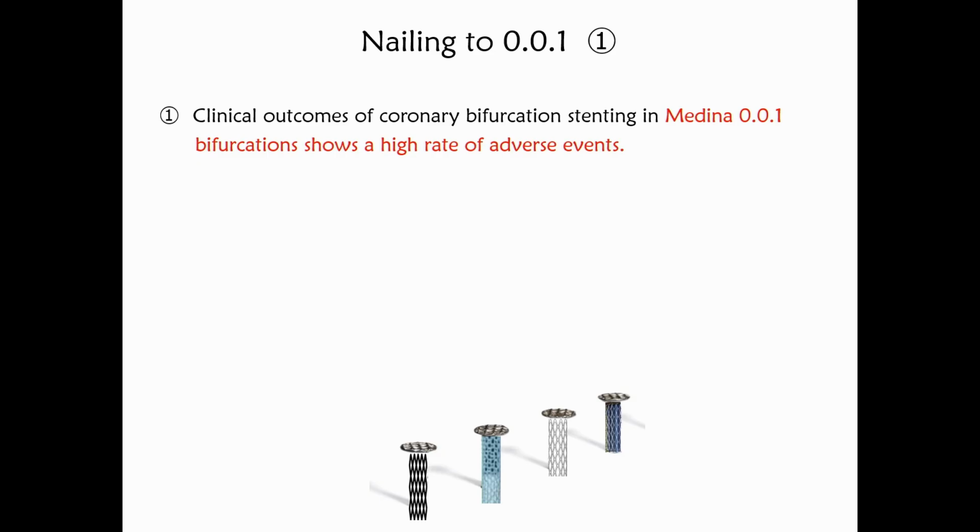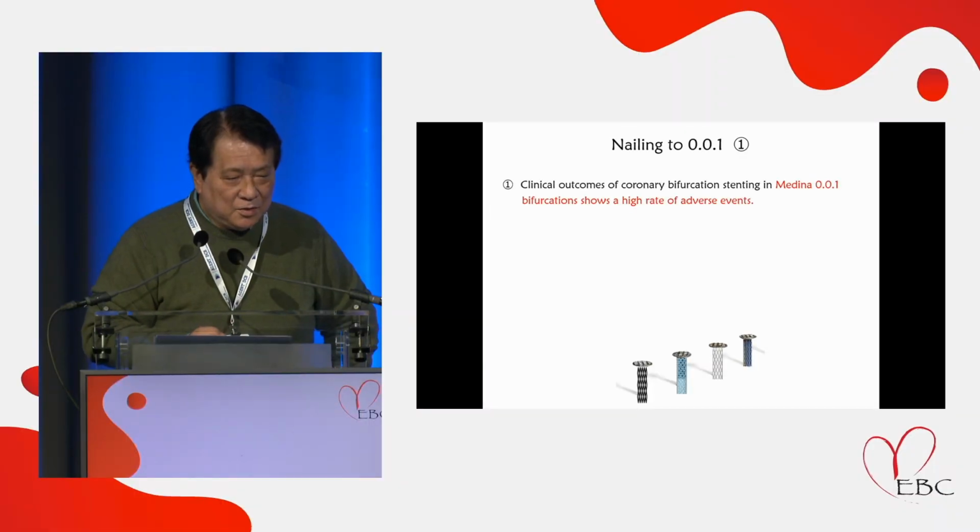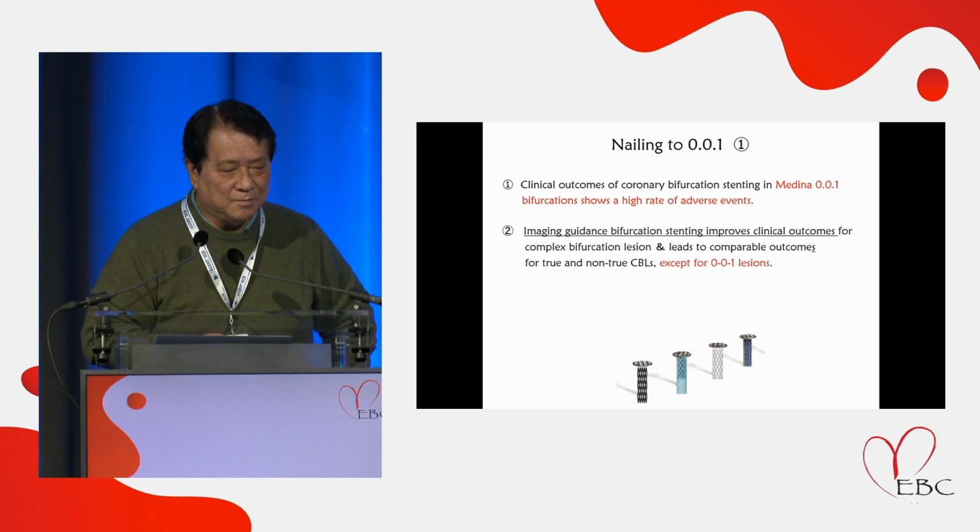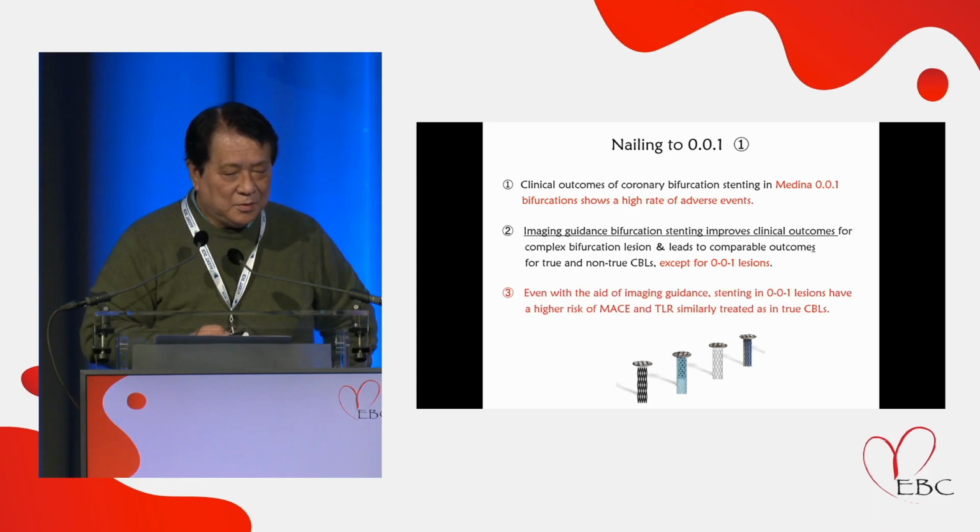So finally, this is my summary. Medina 0-0-1 bifurcation shows a high rate of adverse events. Imaging guidance in bifurcation stenting improves clinical outcome except for 0-0-1. Even with the aid of imaging guidance, stenting 0-0-1 has a higher risk of major TLR.